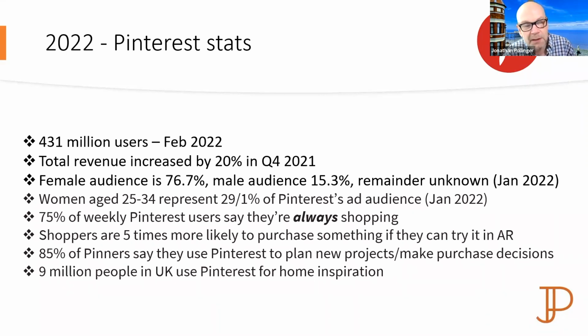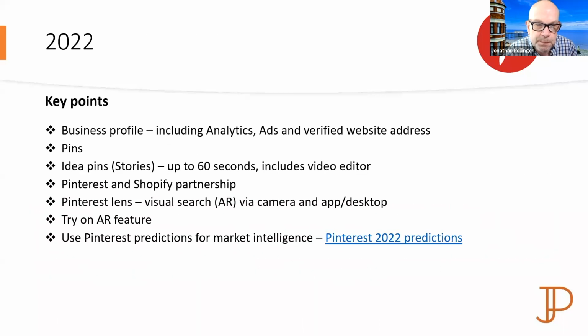Table layouts are a big thing on Pinterest, whether you're going to have candlesticks and the placemats and the glasses and all that kind of thing, and vases, flowers on the table, etc. So, really good for that kind of thing. And 9 million people for the home furnishing side of things, home decor, anything from bath mats to sofas and furniture and stuff. 9 million people in the UK use Pinterest for home inspiration.